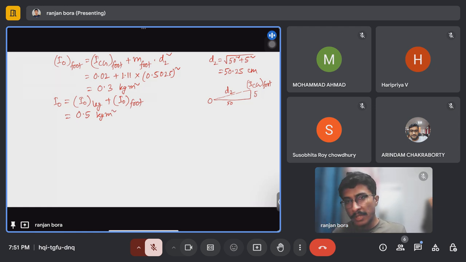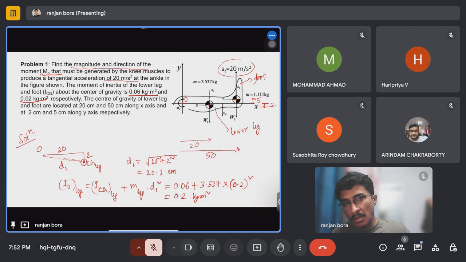So now we have found the moment of inertia about point O, but in the question it is given the tangential acceleration. It is given a linear acceleration, but we need to find out the angular acceleration. So what is the formula for that?